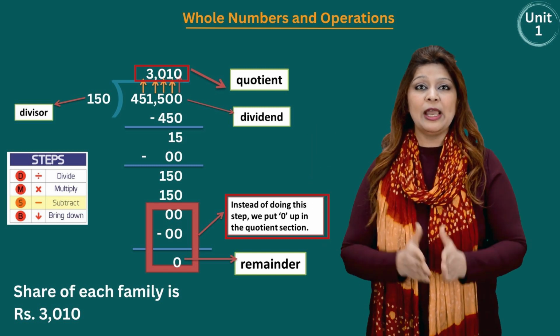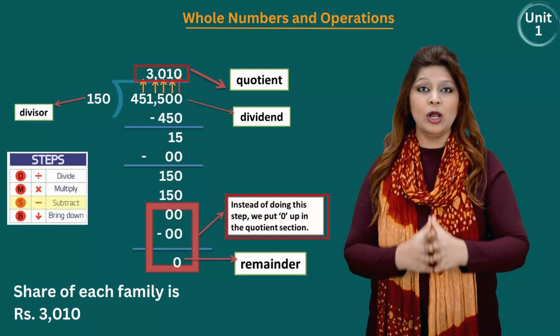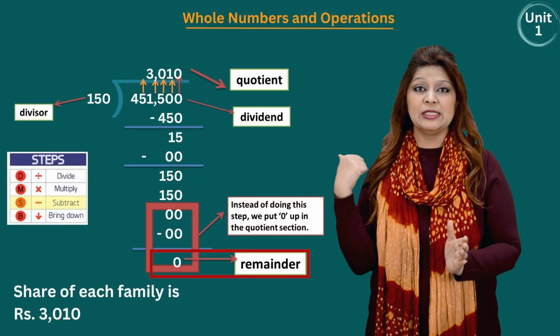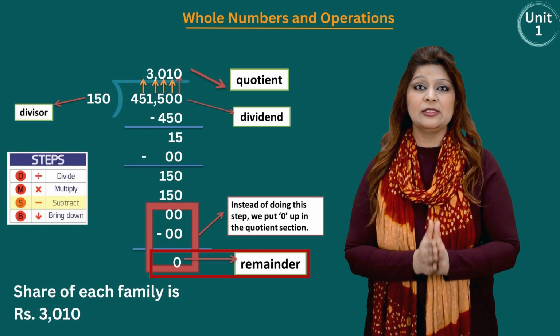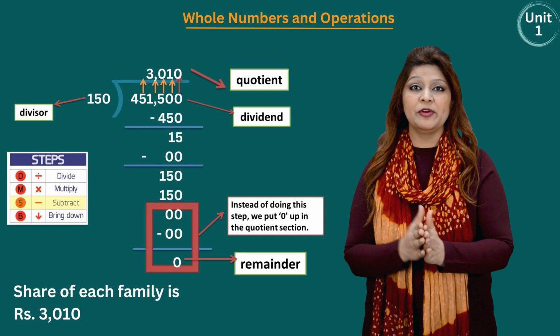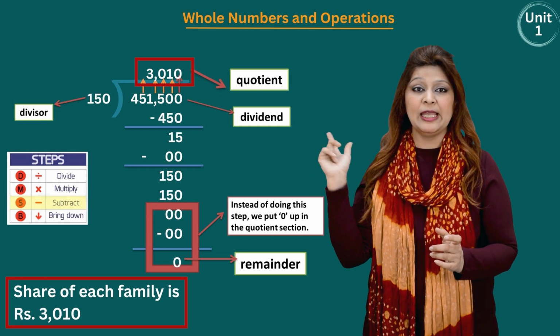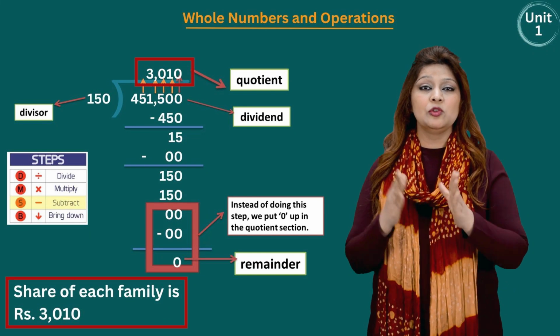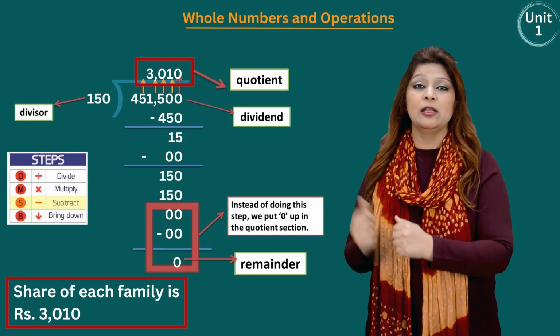So the final quotient we got without remainder is, the remainder over here you can see is 0. That is division without remainder. So I will write the answer on the top. Yes, you can see that. So the answer is share of each family is 310.